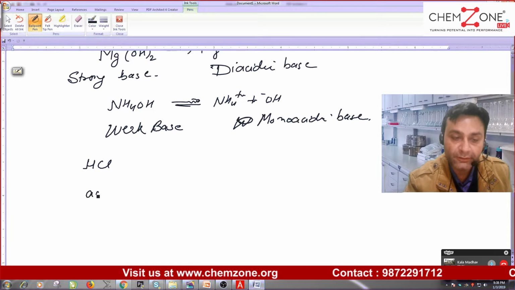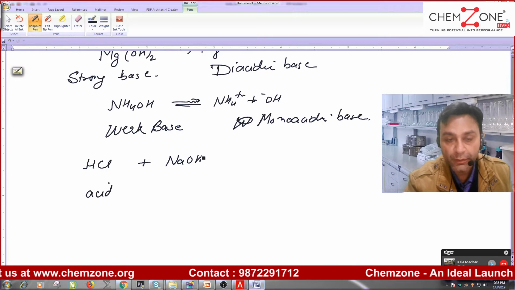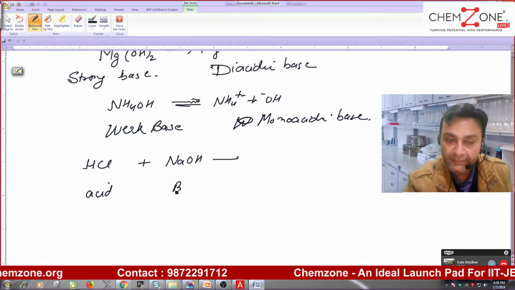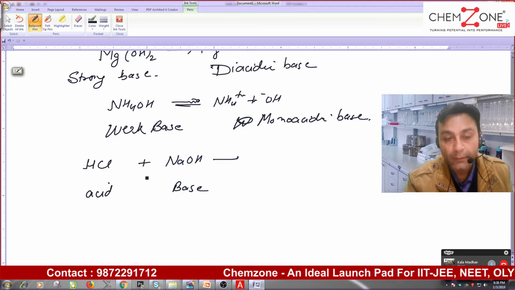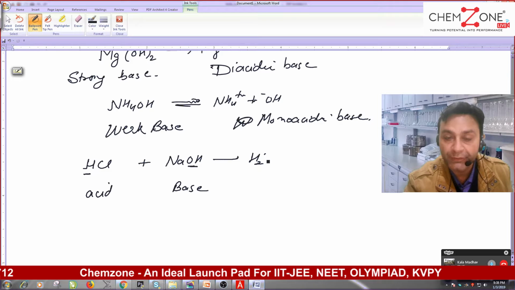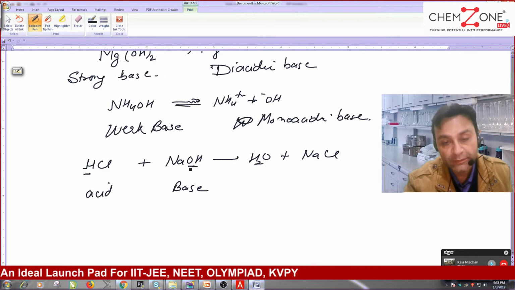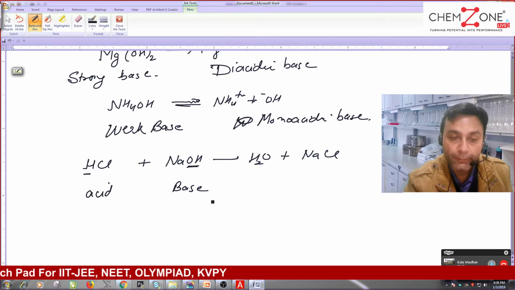HCl is an acid, right? And NaOH is a base. Its H positive ion is neutralized by the OH ion by combining with it and forms water and NaCl. So this is a base. But any other base which is a source of OH ion will be an alkali.